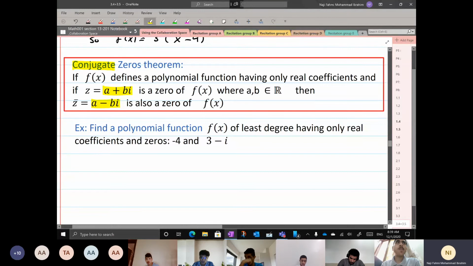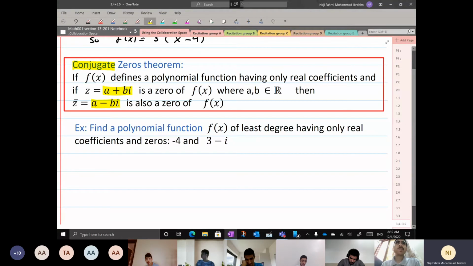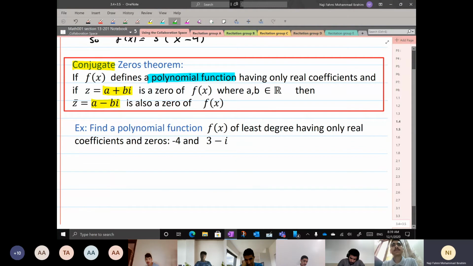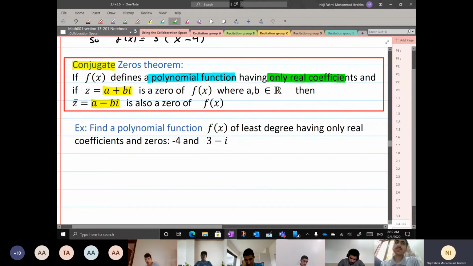If f of x defines a polynomial function having only, and this is very important, having only real coefficients, and if z equals a plus bi is a zero of f of x, then a minus bi is also a zero.